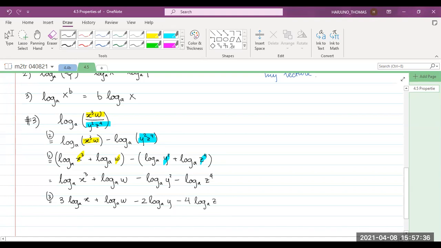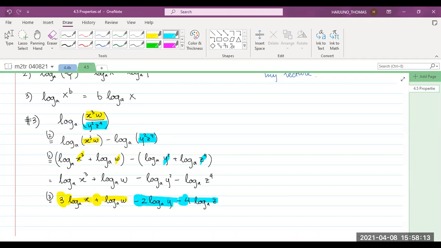Now, what I want you to pay attention to is the following important one. Notice that as long as it is on the numerator, the coefficient of that log will be positive. If it is on the denominator, then the coefficient of that log will be negative.